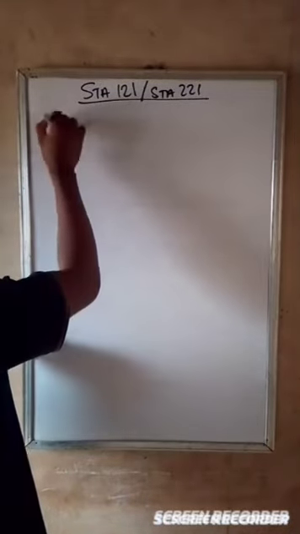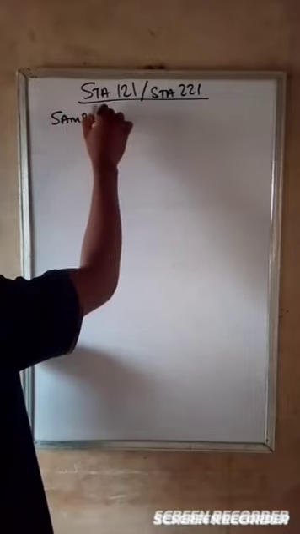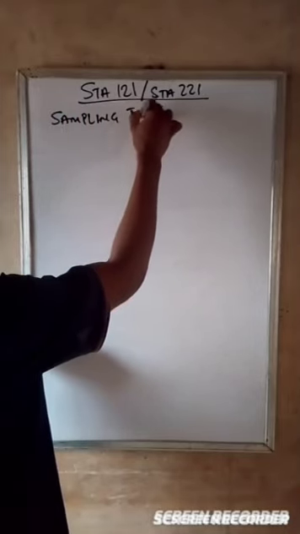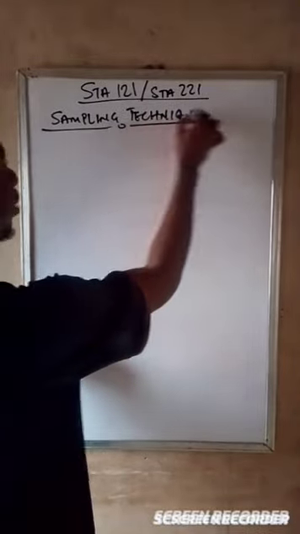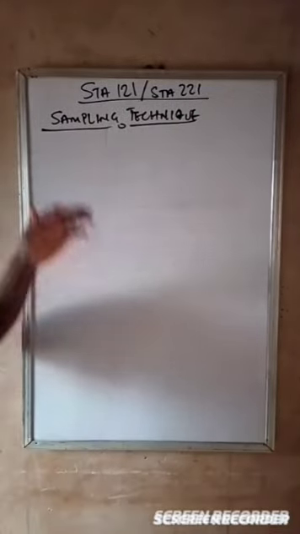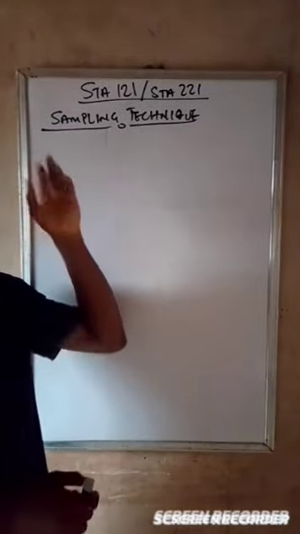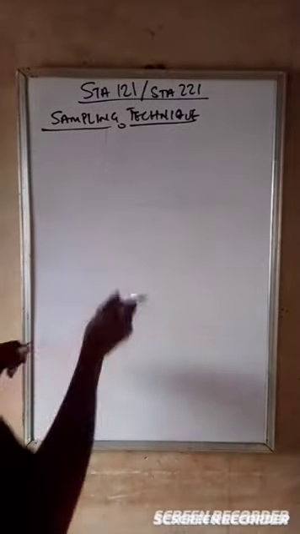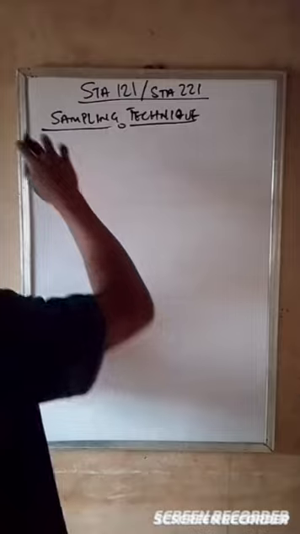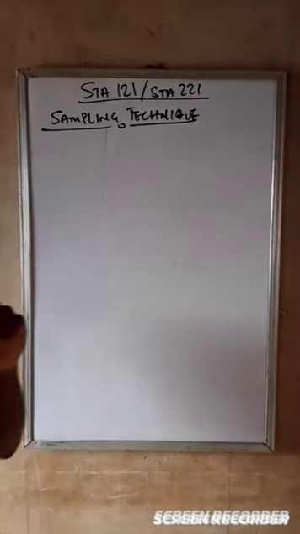So when we talk about sampling technique, it is one of the first things that you'll be introduced to in statistical inference. That's very, very certain. Now sampling technique can be divided into two.